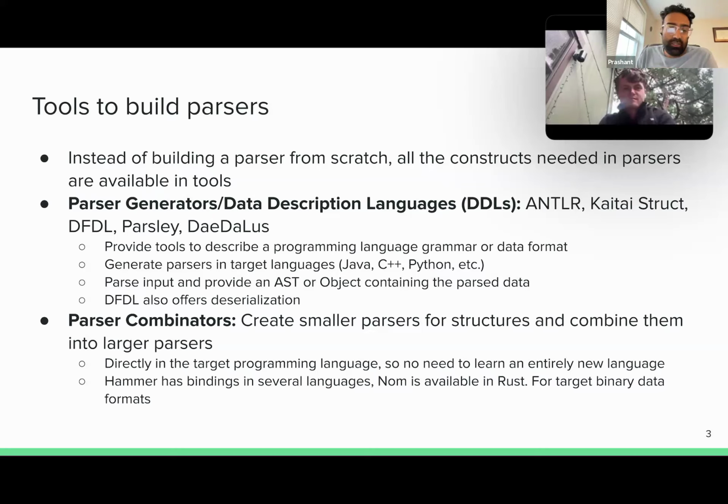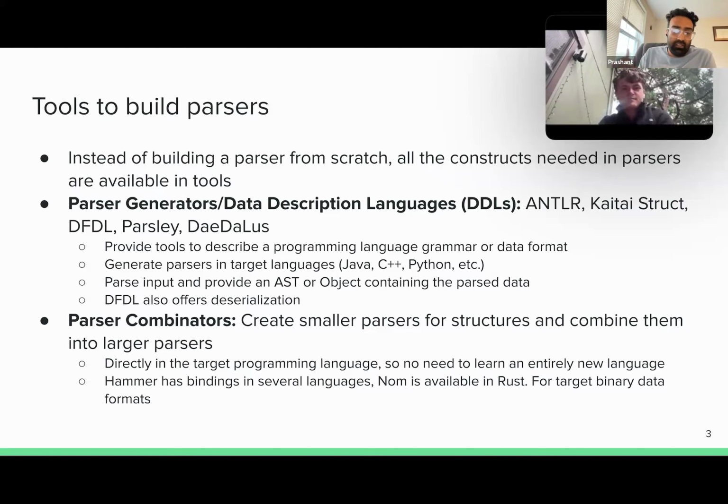The other paradigm over here, which is also extremely popular for parsers, is to create smaller parsers and combine them using choice operations. It could be ordered choice or equal, and it could also be sequence operations. This kind of paradigm is called using parser combinators, where you just write your parser directly in the target programming language, and you don't need to learn something entirely new like you do with parser generators, where you need to learn the grammar syntax as well.